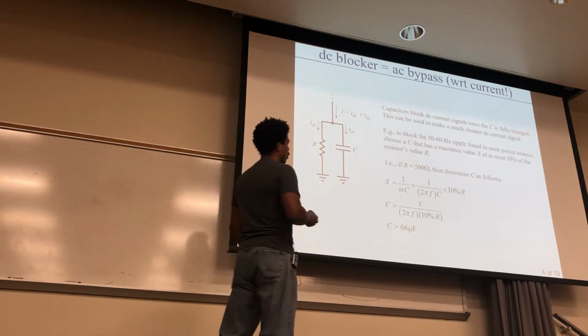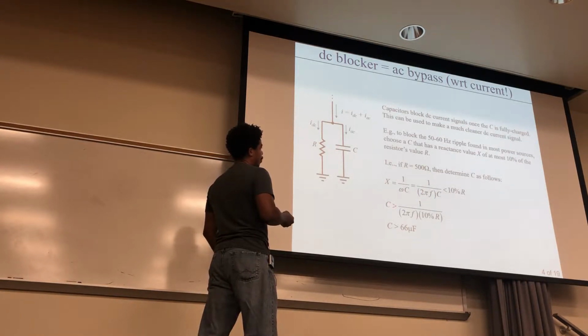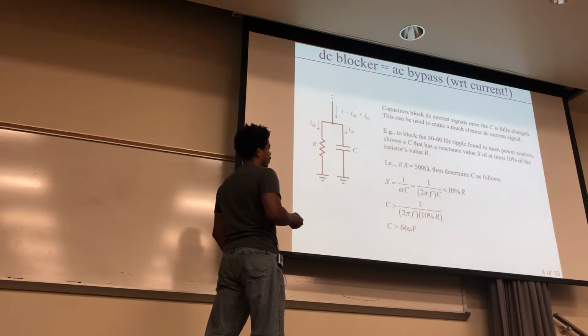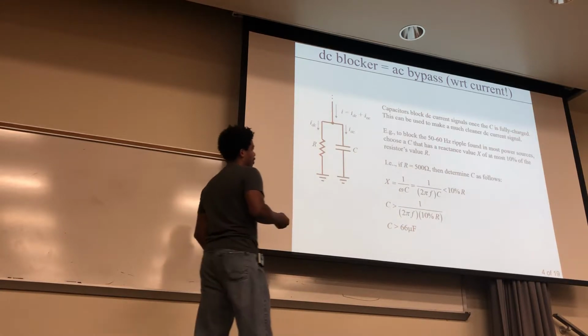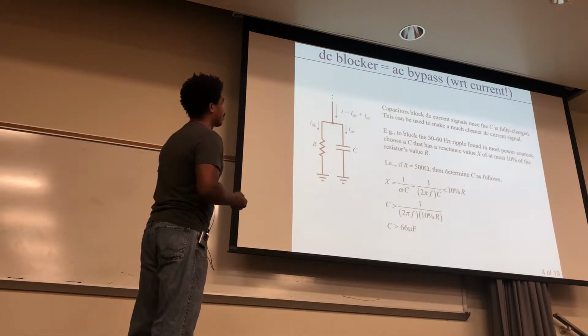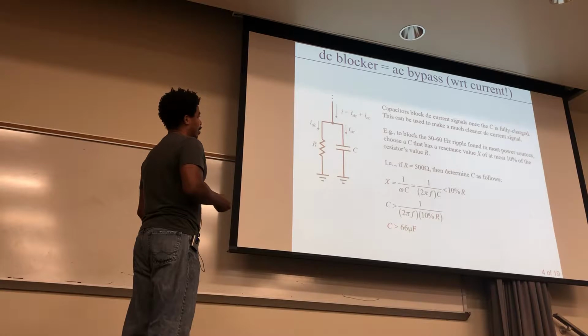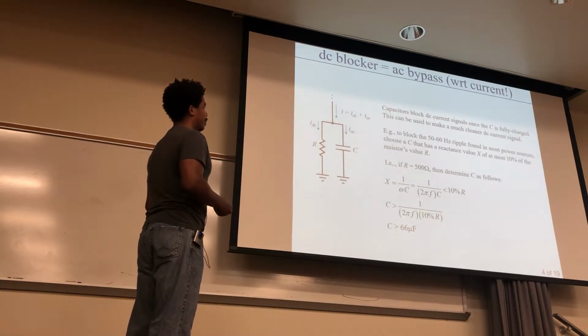If you solve this equation for capacitance C, you'll see that the capacitance value needs to be greater than 1 over 2 pi f times 10% of R. If you plug in R being 500 ohms and a frequency of 60 hertz, you'll get this value right here. That means if your capacitor has 66 microfarads, then it will do the job.